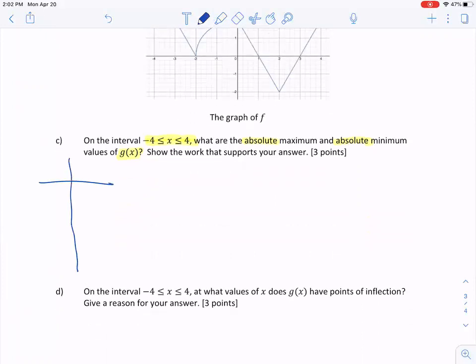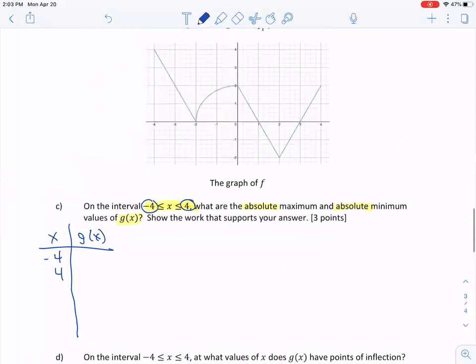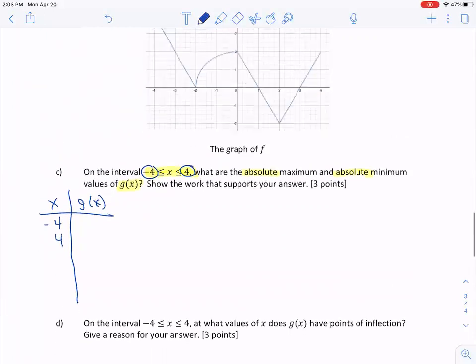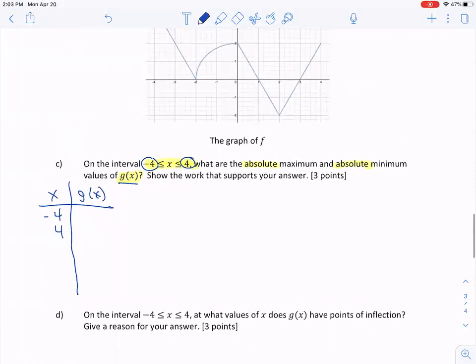So I'm going to set up x values in the left column. I'm looking for maximum and minimum, absolute max and absolute minimum values of g at x. So that's my right column. I'm going to start by including the endpoints. So -4 and 4. And then I have to look at any critical numbers of g at x.